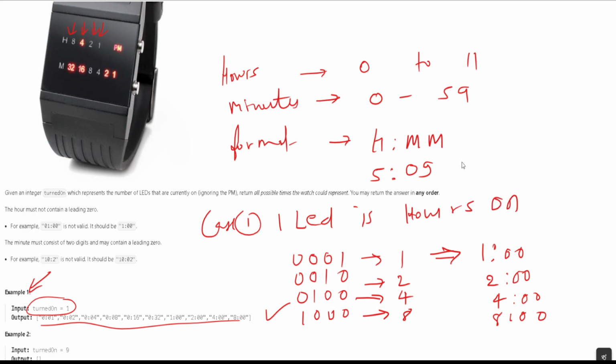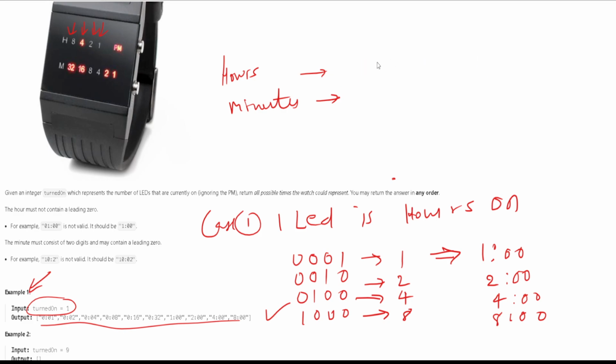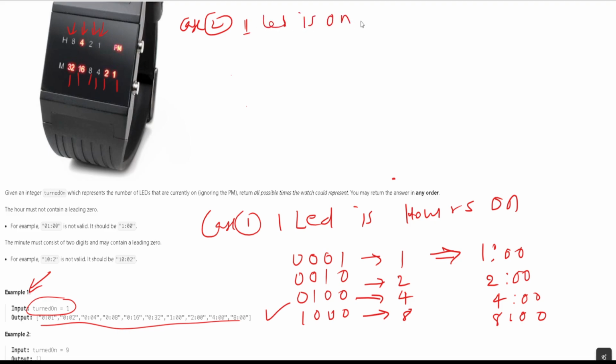Let's understand case 2. How will case 2 work? In case 2, we have 1, 2, 3, 4, 5, 6, a total of 6 LEDs. Case 2 is when one LED is on for the minutes.